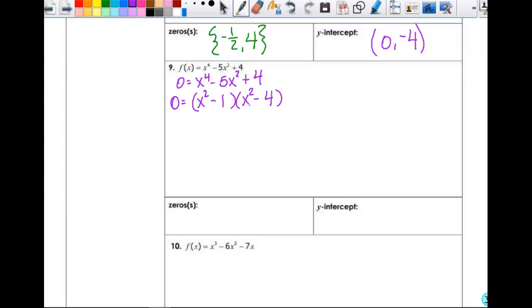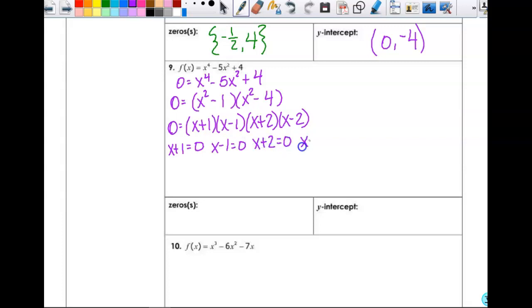So if you didn't get this far on your own, pause now, factor your difference of squares, and see if you can finish this. Okay, so difference of squares, x plus 1, x minus 1. This would be x plus 2, x minus 2. So that means that I get x plus 1 equals 0, x minus 1 equals 0, x plus 2 equals 0, and x minus 2 equals 0.